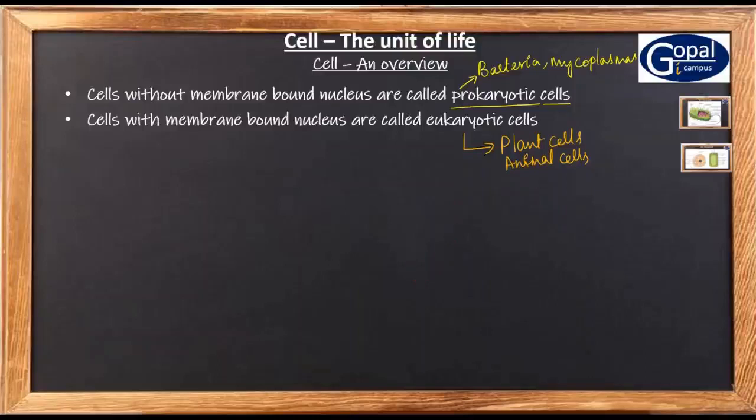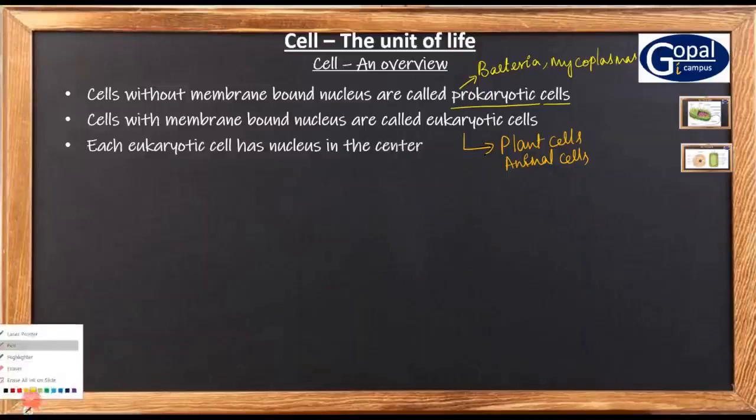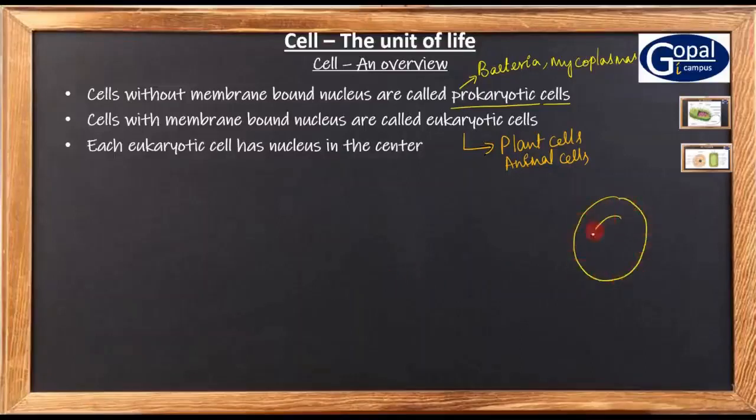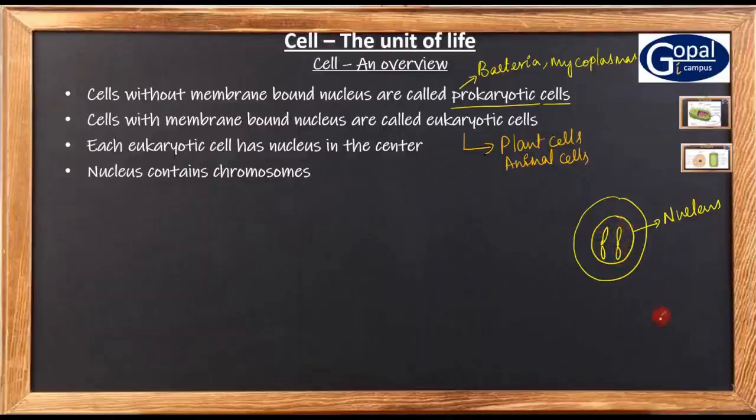Right? So in eukaryotic cells, there is a nucleus in the center, just like we have seen. Let us suppose this is a cell and this is the nucleus in the center. Inside this nucleus, you can see the presence of chromosomes, and these chromosomes possess the genetic material.